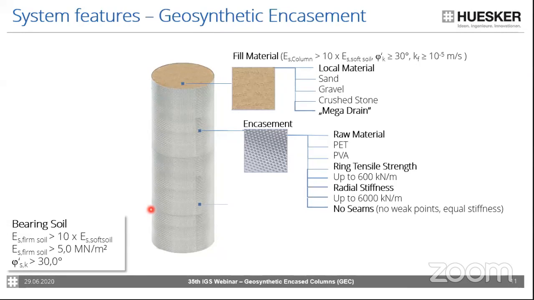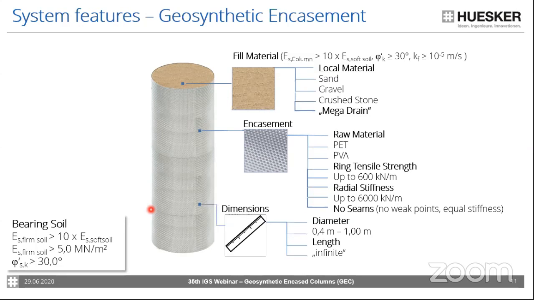The advantage is also that you can use sand, gravel, and also crushed stone. And therefore, you can use any material which is locally available, which fulfills these criteria. So in some projects, when you have a sand source close by or a gravel source close by, this can also give you a significant reduction in transport and also material costs.